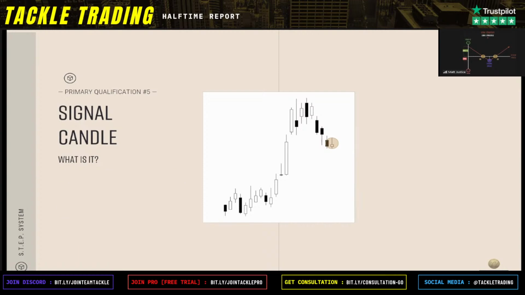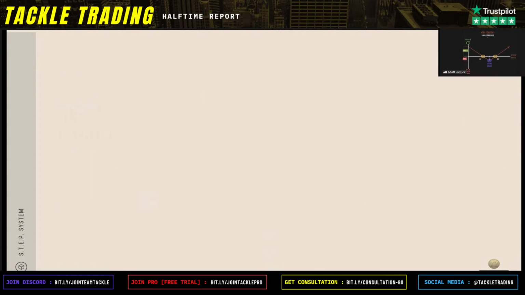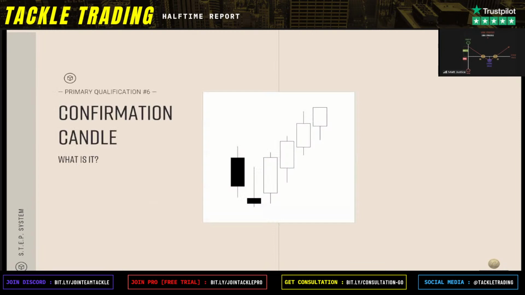So if it's a slowing momentum candle in the signal candle, what is the confirmation candle? The confirmation candle is when you break out of something where you haven't just slowed down, but you've exploded back up. Remember Marty, the beautiful elephant that jumps on trampolines at Tackle Trading. We love Marty. He's beautiful, the most beautiful elephant in the history of elephants.